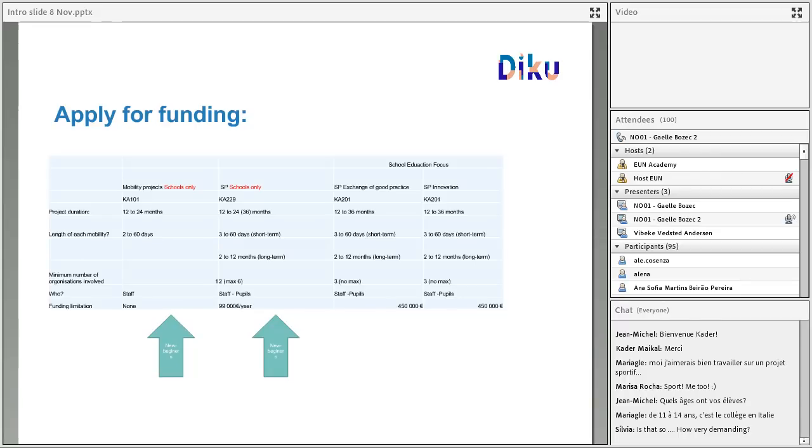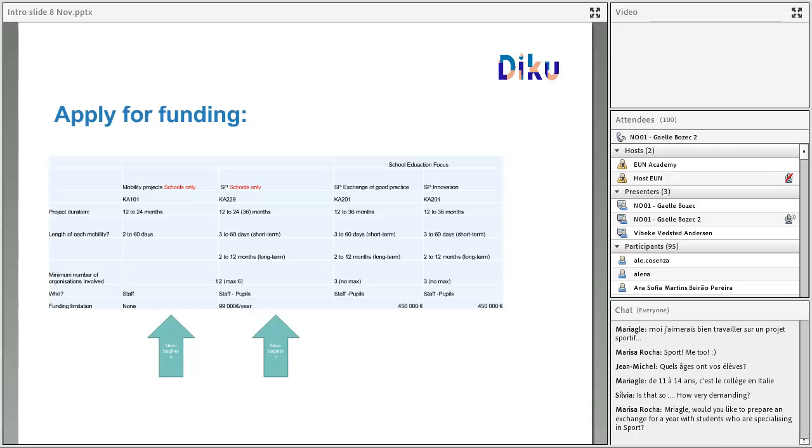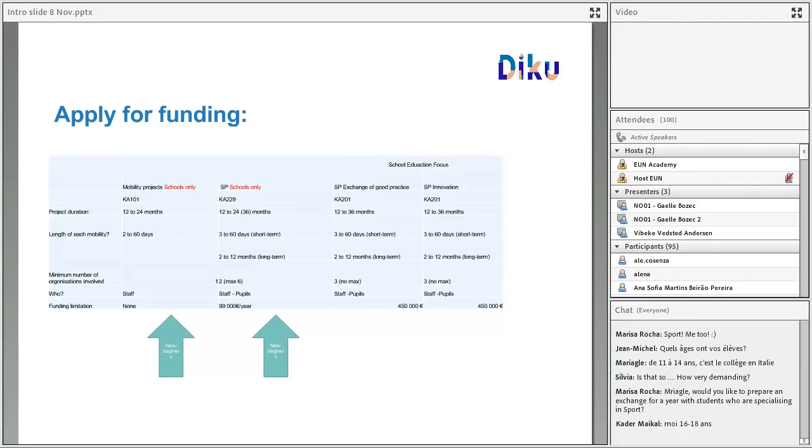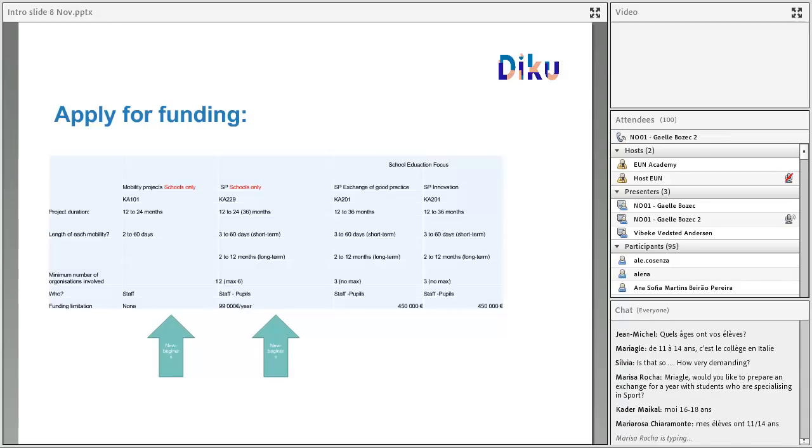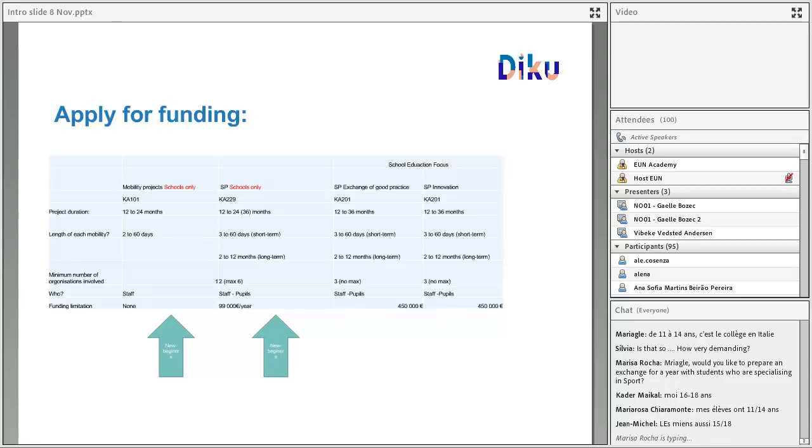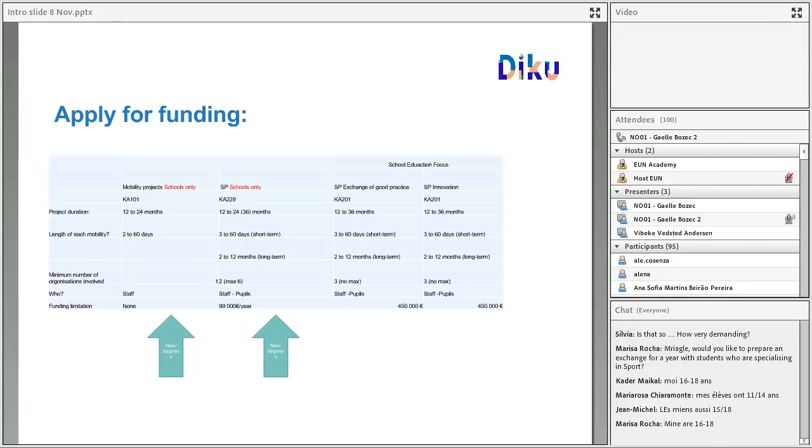The third column is exchange of good practice, and with this project you actually involve organizations. It's not only schools. You can include other non-schools. And these organizations should share and confront ideas, practice, and methods. That's the goal of the exchange of good practice.